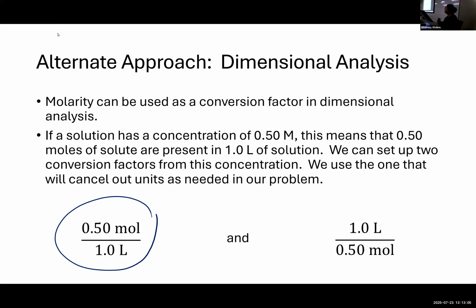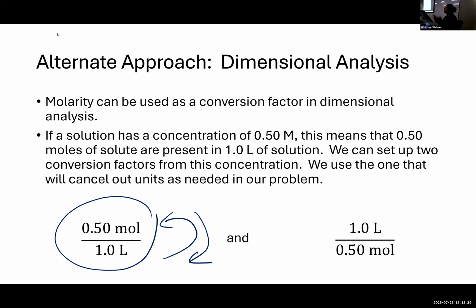But if I'm looking for a volume, we can still use it as a conversion factor, because if I flip it upside down, I now have liters in the numerator and moles in the denominator, so I can cancel anything out and be left with liters. Just note that if there is no number given, you can always assume it's a 1 in the denominator. So if I say I have 5 molar, that's 5 moles per 1 liter, or you can just do moles per liter.